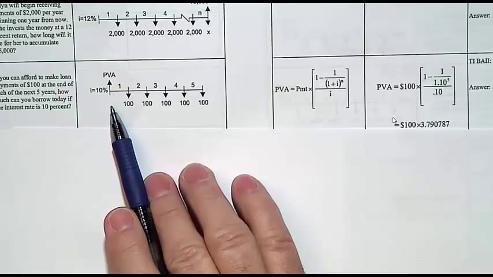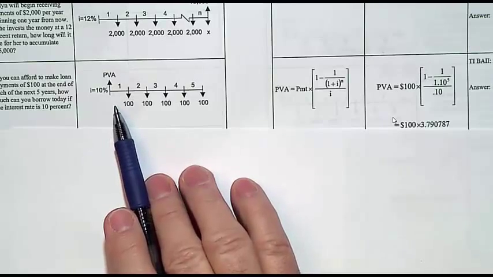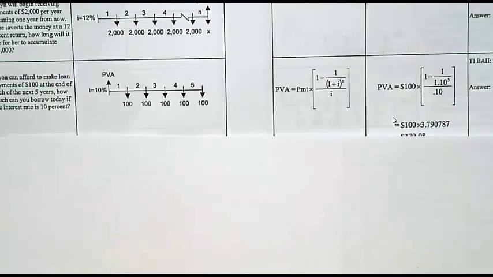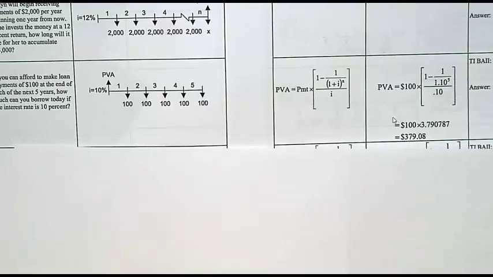Well, we know it has to be less than $500, and it is $379. So does that make sense? It makes sense. That doesn't mean we have the exact answer. Of course, we do in this case. But if you are trying to figure out whether your answer even makes sense, 379 seems to make reasonable sense.